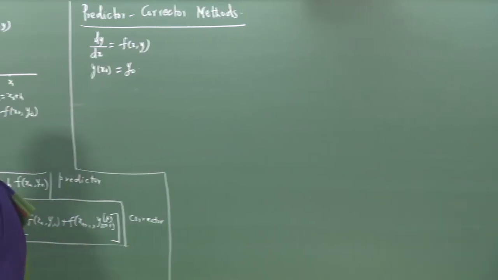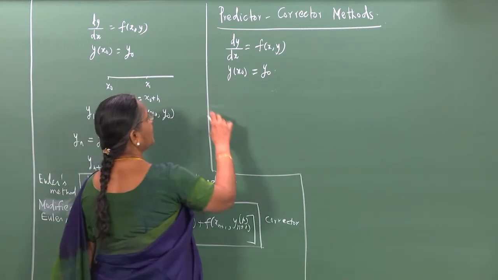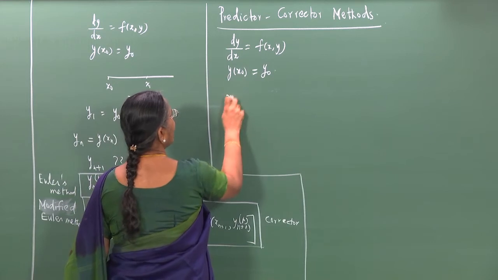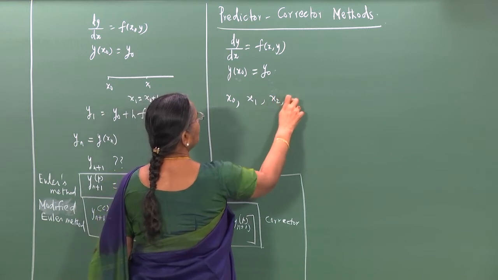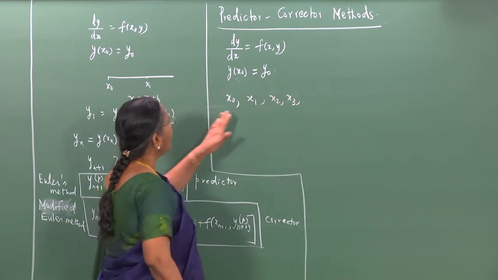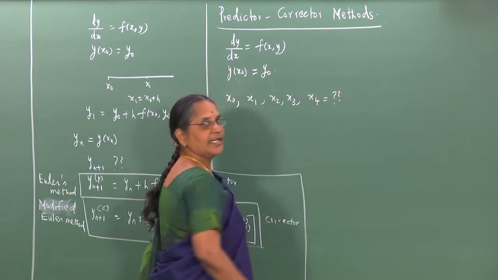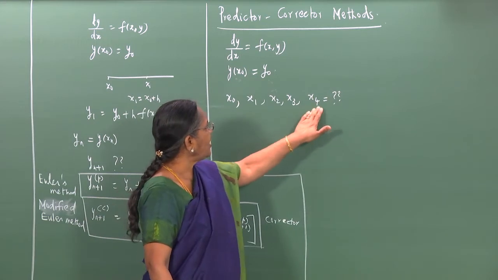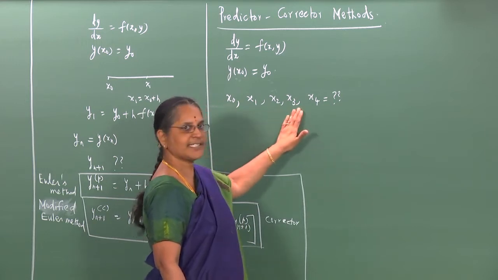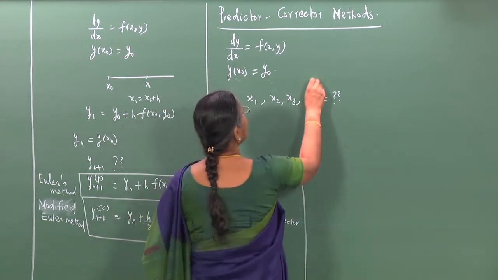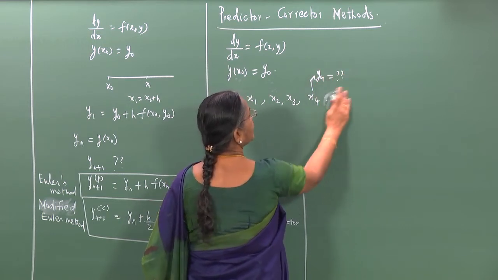Suppose we have information about the solution of this problem at points x0, which is given by this initial condition, at x1, x2, x3, and if you are asked to compute the solution at x4, which means the solution at the point x4 makes use of the information at the previous 4 points, namely the solution at x4 is y4, and that is what is needed by us.